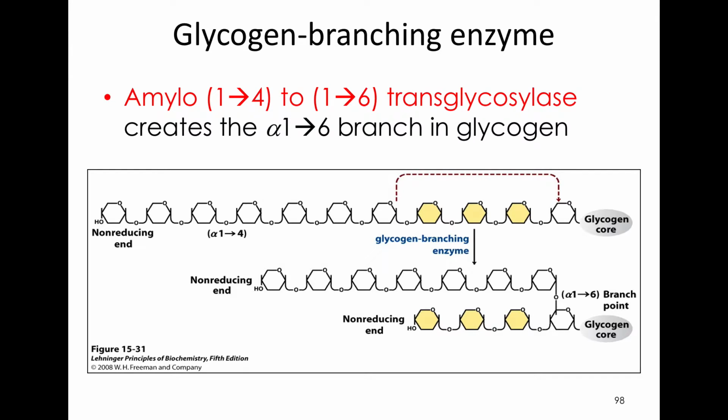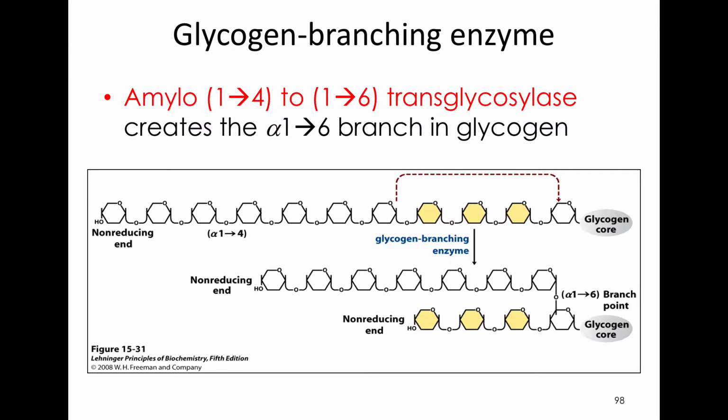Once the glycogen chain reaches a certain length, the branching enzyme will hydrolyze an alpha 1,4 link of the glycogen chain and reattach it as an alpha 1,6 branch to the previous chain.